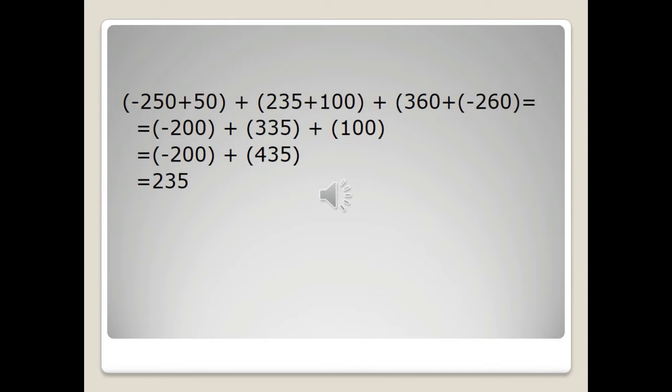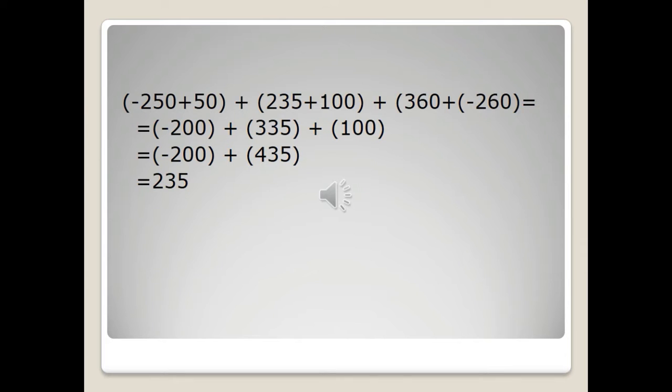because since they have different signs, we just subtract them. Next, 235 plus 100 is 335, and 360 plus negative 260 is 100, since they have different signs, we just subtract them.